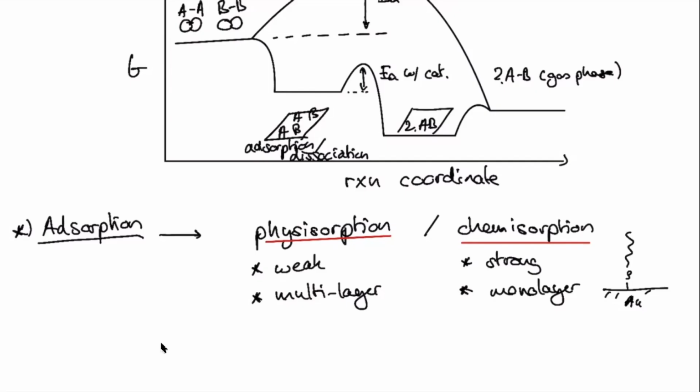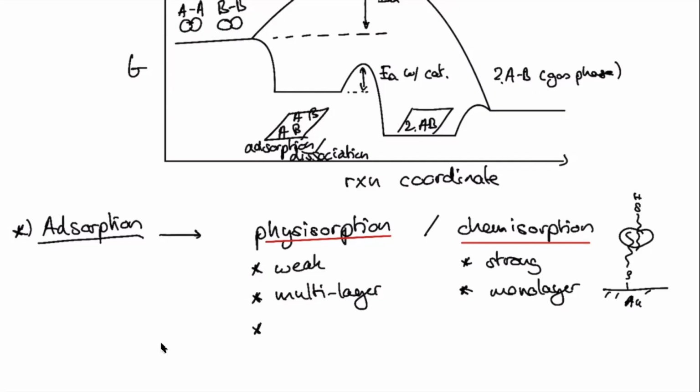That's chemisorption. But then maybe there's a second layer of this surfactant, which attaches with these alkyl chains, which would be physisorption, right? It's a reversible weak interaction versus a strong chemisorbed interaction.